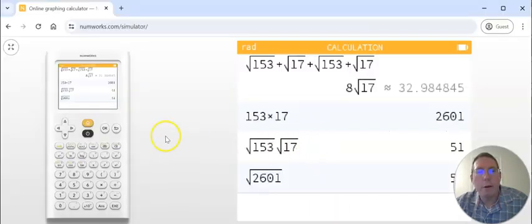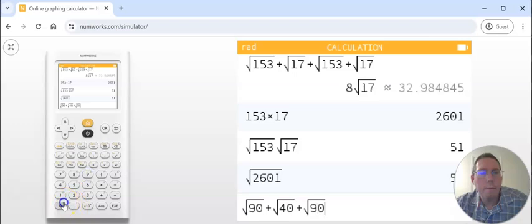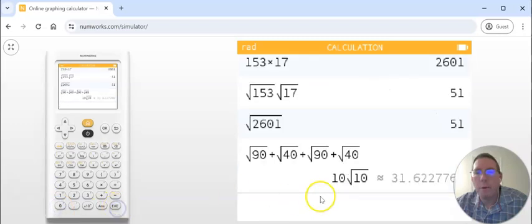So we'll do the square root of 90, arrow over, plus the square root of 40, arrow over, plus the square root of 90, arrow over, plus the square root of 40, and then press enter, and we wind up with 10 square root of 10, which is 31.622.